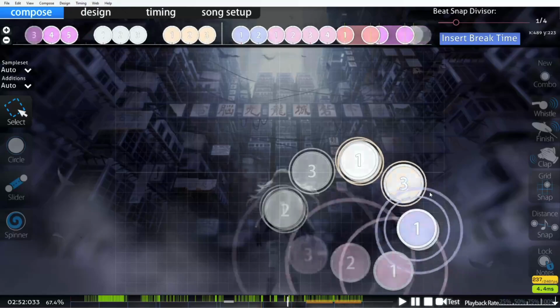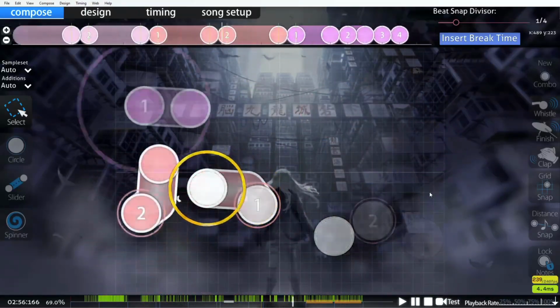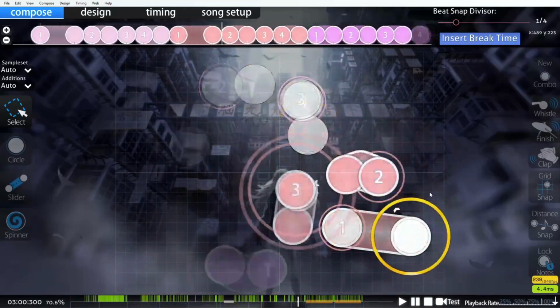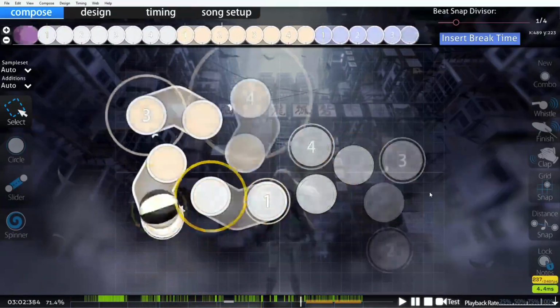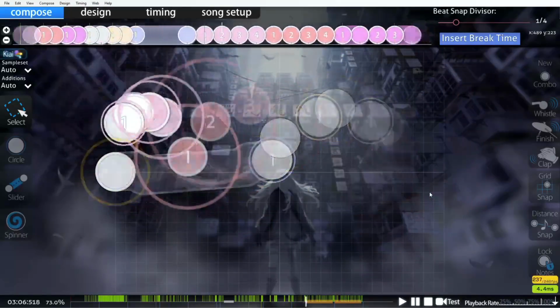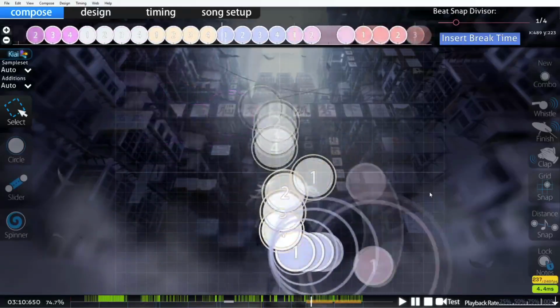This is a funny map. This is a banger map. This is a really great map to explain grouping and patterning, but I will not be doing that today. Maybe briefly, but I will not be going in depth.